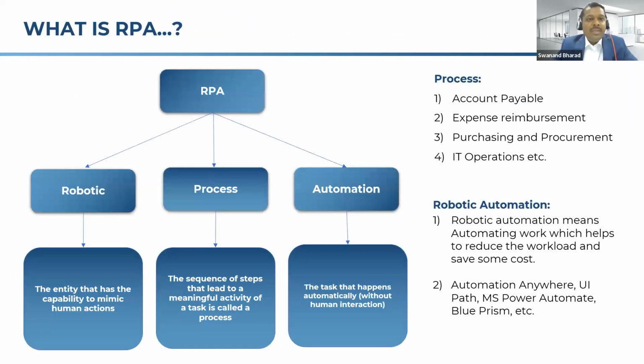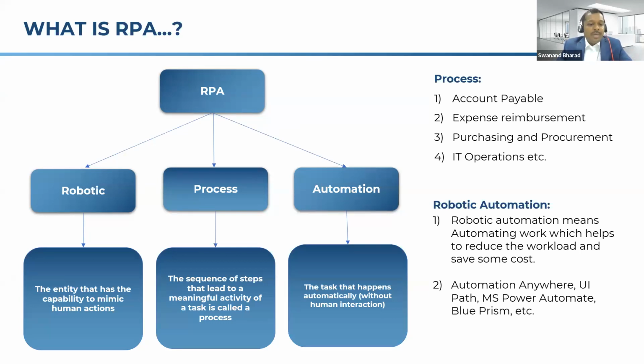Now, the basic question is what is RPA? So RPA is robotic process automation. When we say robotic, robotic means the entity that has the capability to mimic human actions. Mimic human actions means whatever tasks we do on a daily basis, we do the same thing using programming languages or a robotic process automation tool.